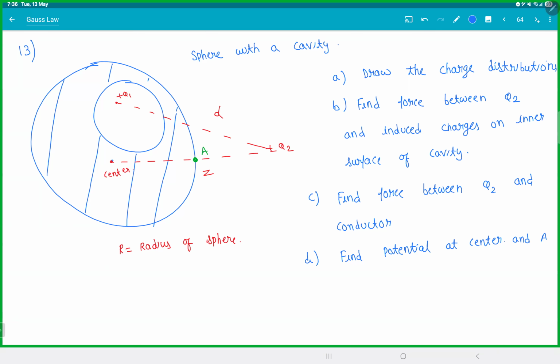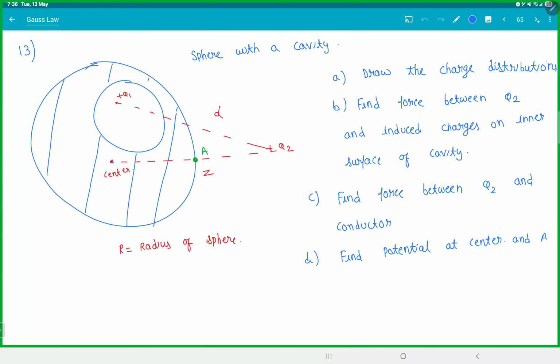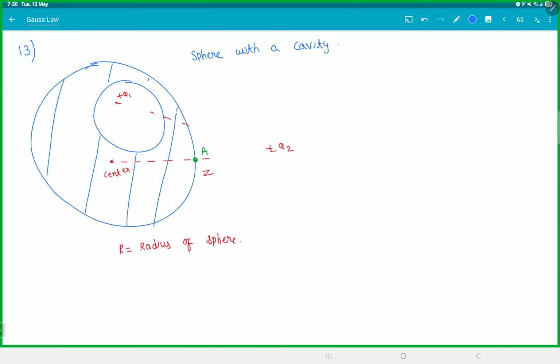Let's see the charge distribution. So listen here. This Q1, what it will do, it will induce charges. So it will be non-uniform here.